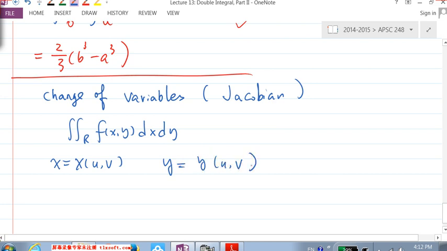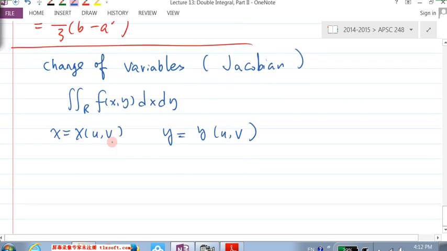Somehow you know this, just pretend you know that. It's a skill you need to figure out the proper relationship between another set of variables u and v. So the objective is, I don't want to integrate with respect to x, y anymore. I'm going to integrate using this new set of variables, u and v.